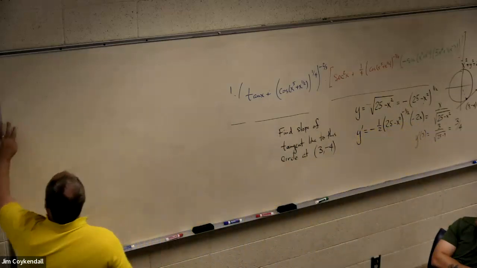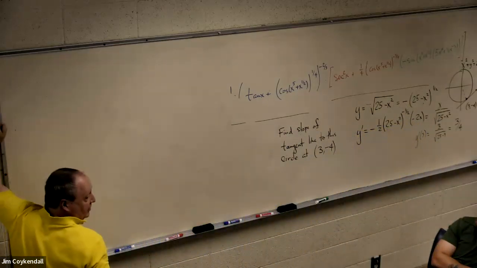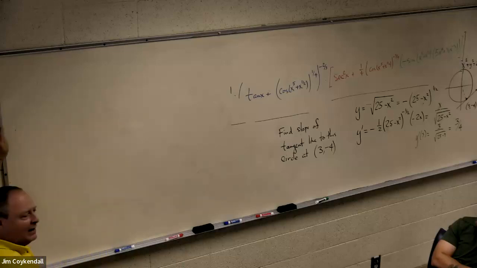Now, here's the idea. This is called implicit differentiation. By the way, implicit, that's an English word. What does that mean to you? If something is implicit, what sort of a companion word means sort of the opposite?